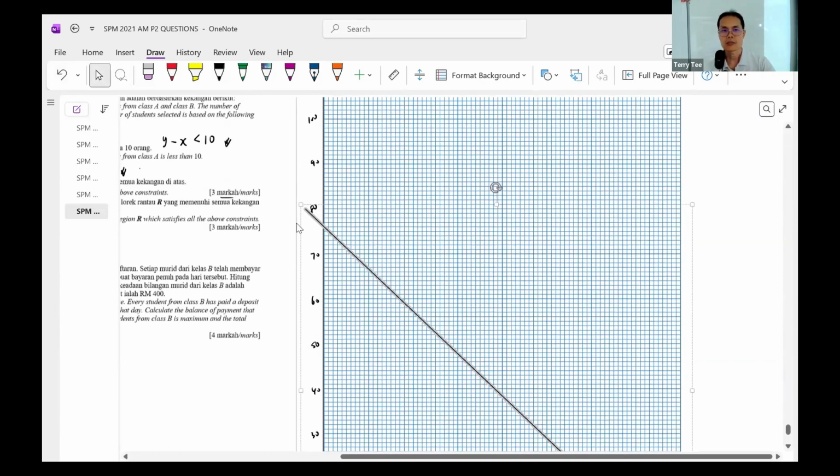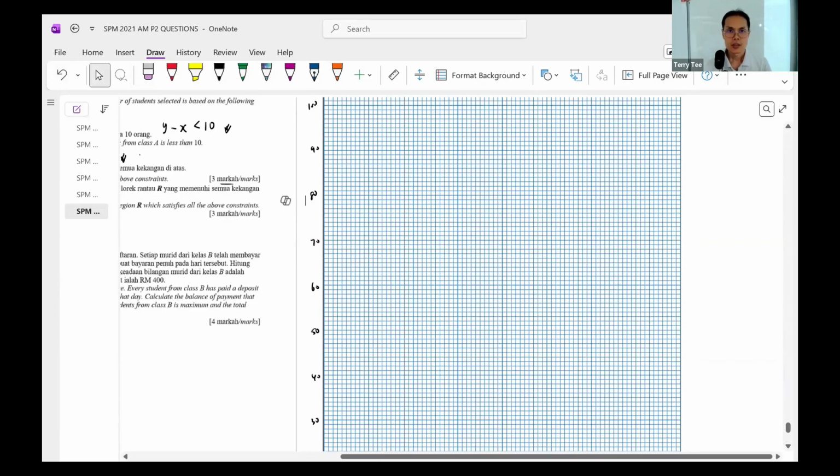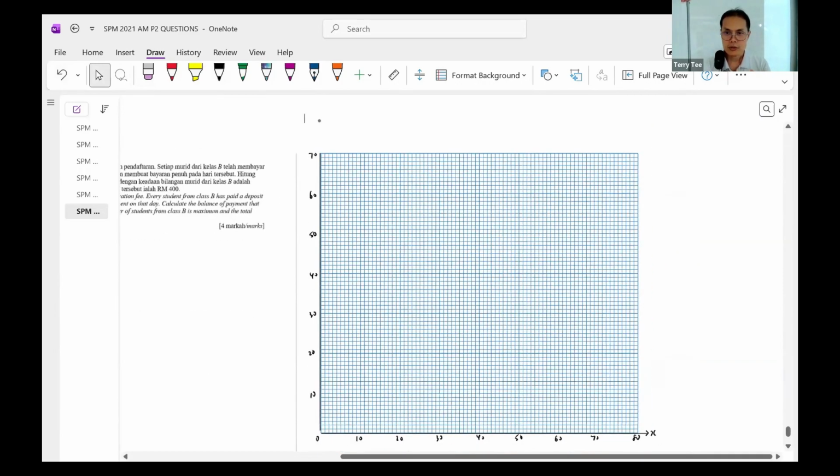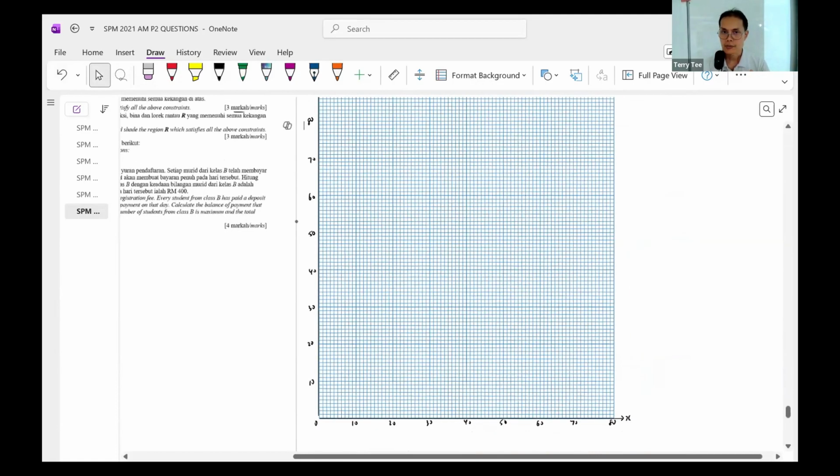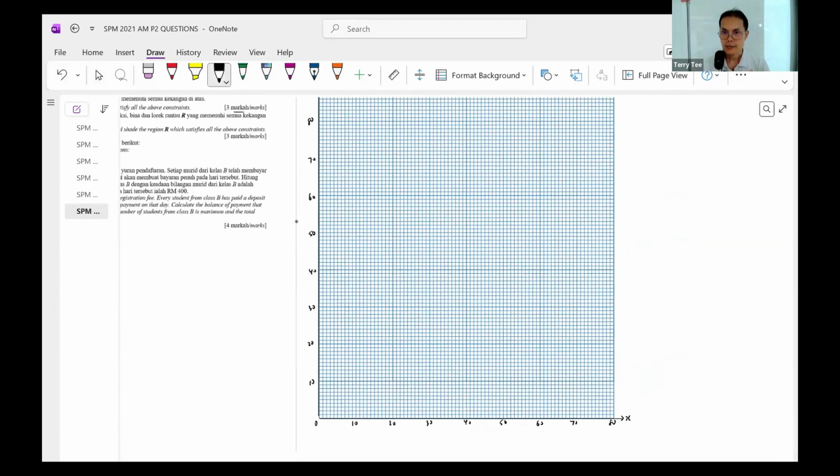Let me draw one more time. It's a bit off. Let's start from this point and draw all the way down. This is better. Okay, so this is x plus y equals 80.